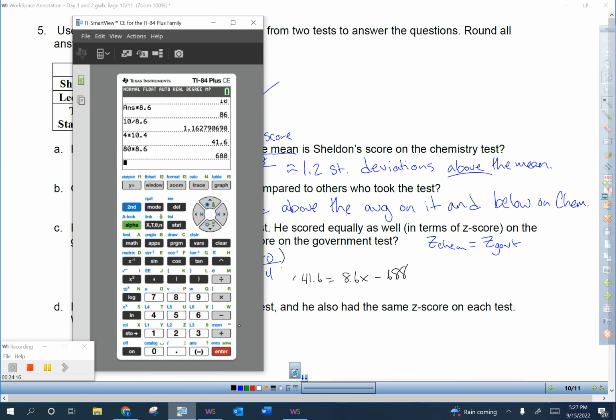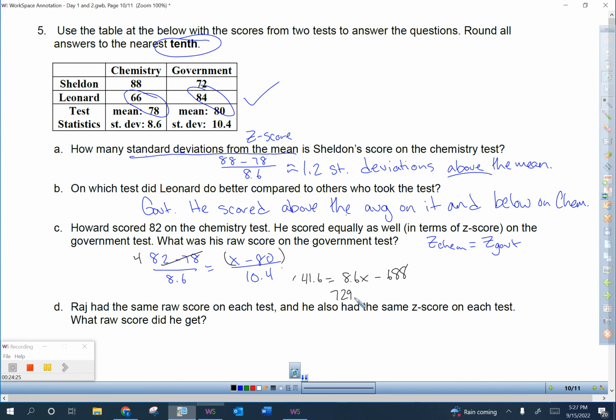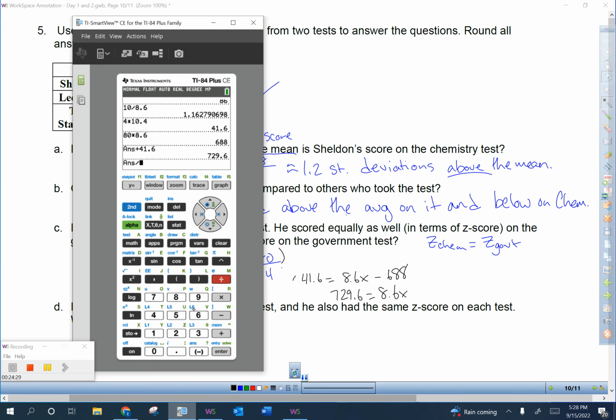So I'm just going to add that to 41.6. And our final step, we've got 729.6 equals 8.6x, and we can divide that over, giving us a score on the government test of about 84.8.